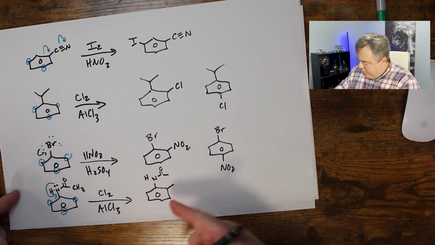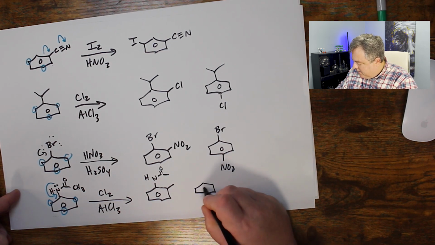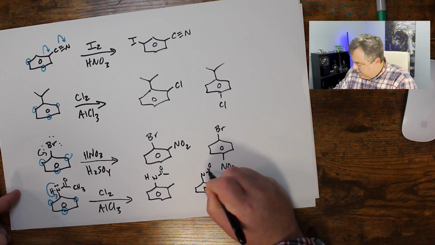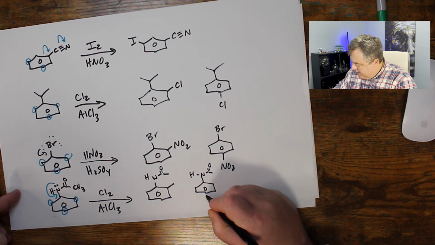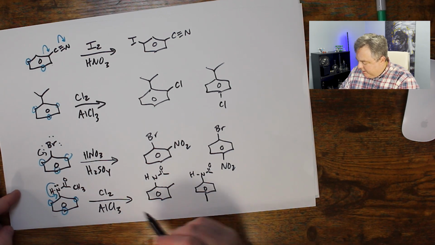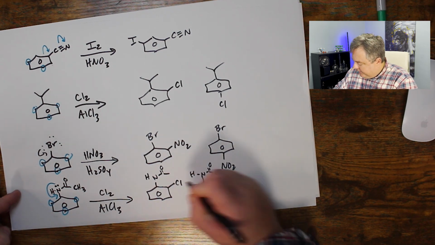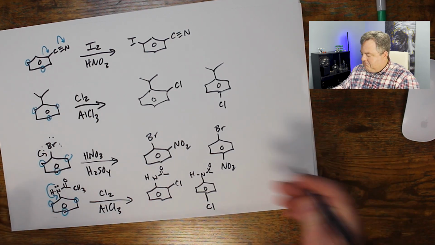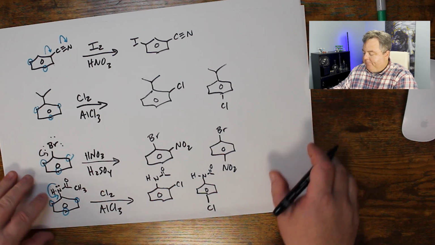So I can put a group here and a group here. What do I put on? I guess it's going to be chlorine in this case. So that's how you do those.